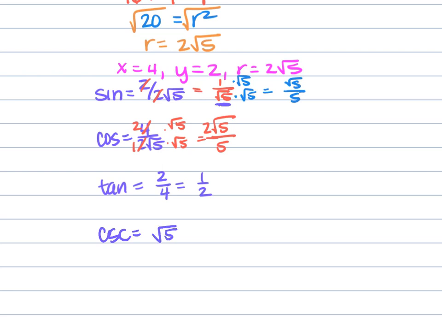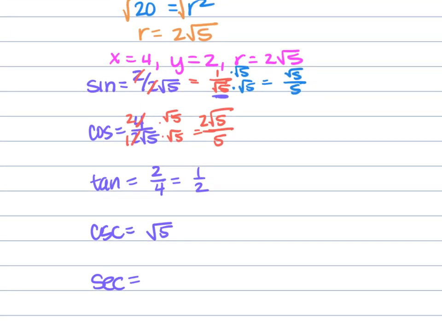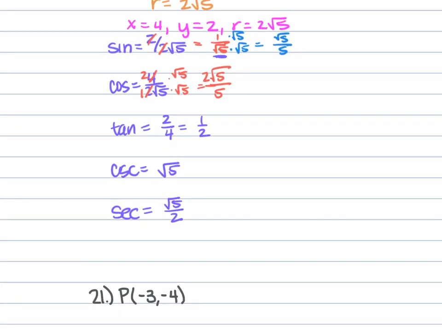We're taking the reciprocal of it. For cosine, the reciprocal is secant. So we're going to take the square root of 5 over 2, the reciprocal of 2 over the square root of 5. And then the reciprocal of tangent is cotangent. So that's going to be x over y. So that's 4 over 2, which is 2.